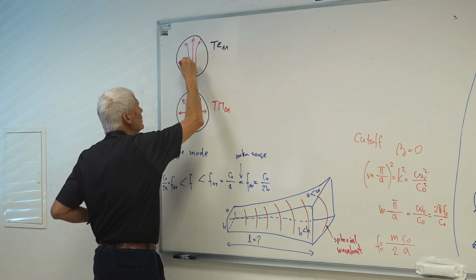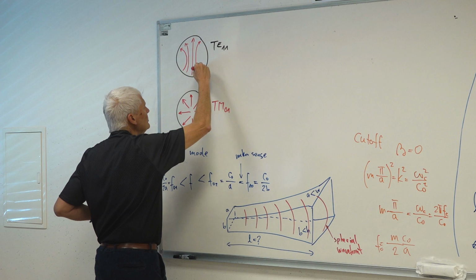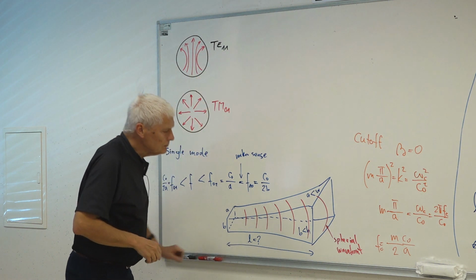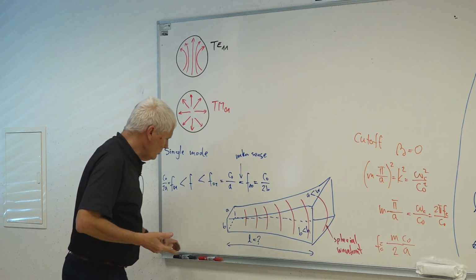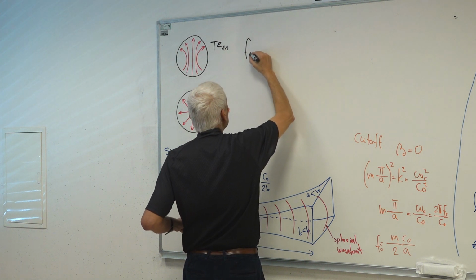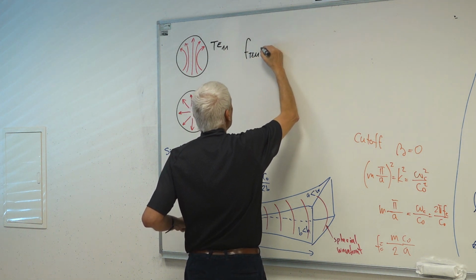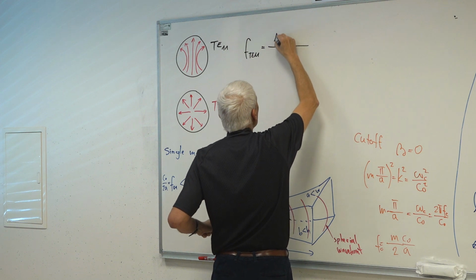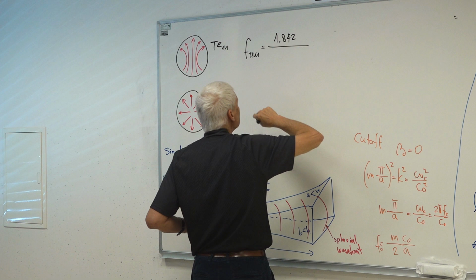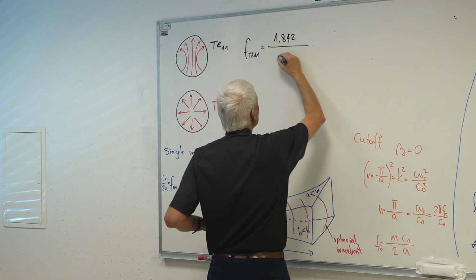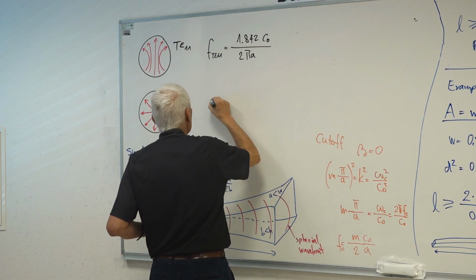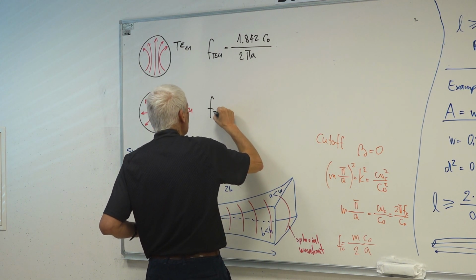While this mode, TE11, is quite similar to the fundamental mode in the rectangular waveguide, and its cutoff frequency, FTE11, is equal to 1.842, this is the Bessel function value, divided by 2 pi a, times C0.